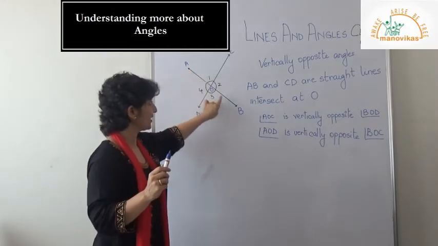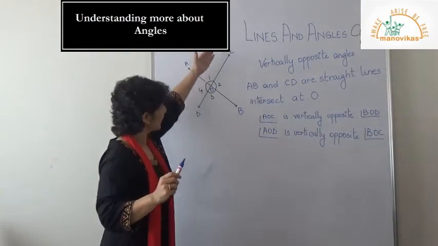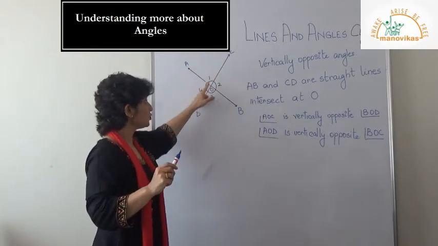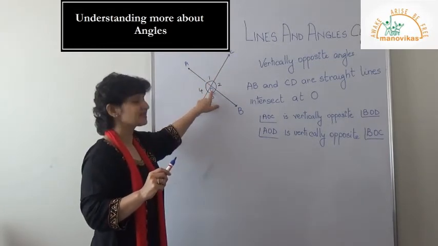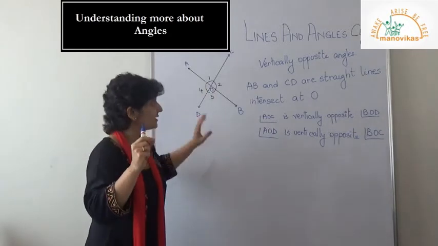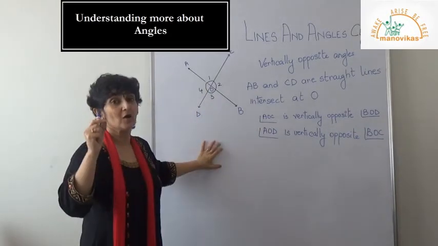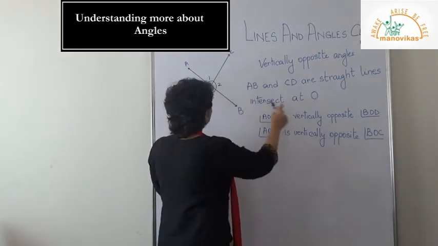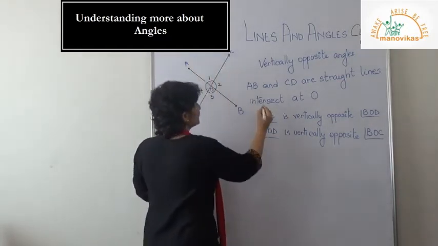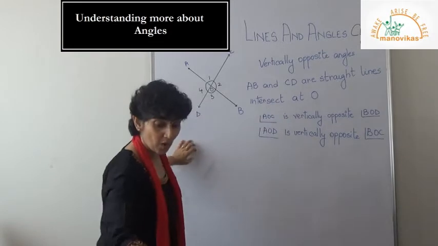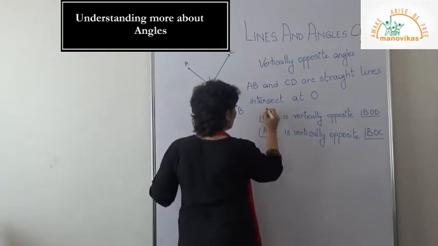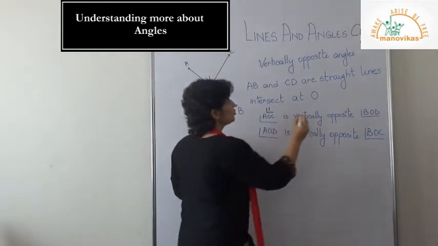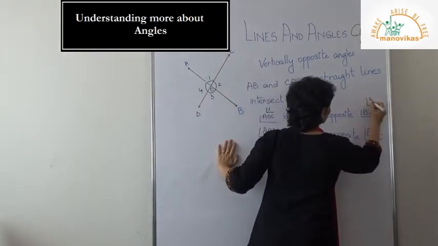Children, see, I have a straight line here AB and I have another straight line CD. When these two straight lines intersect at a point O, then we get vertically opposite angles. Alright, we get AOC. Now this is your AOC. That means angle 1. Your angle 1 is vertically opposite to angle 3.